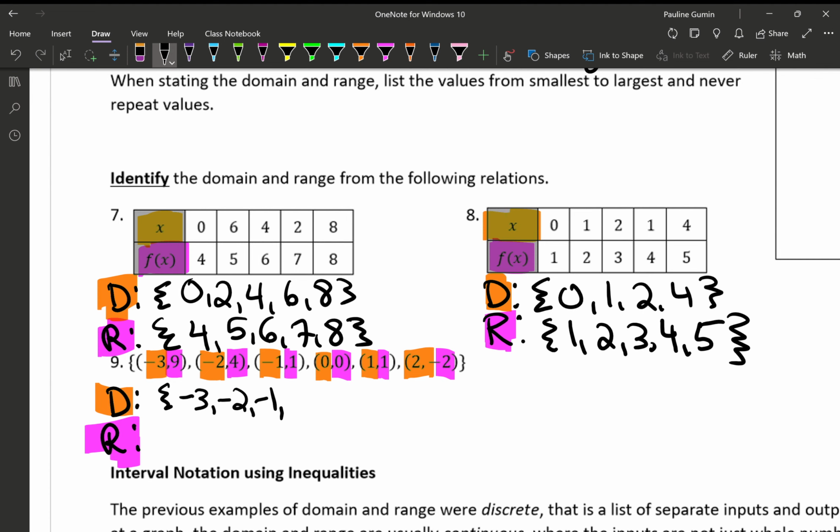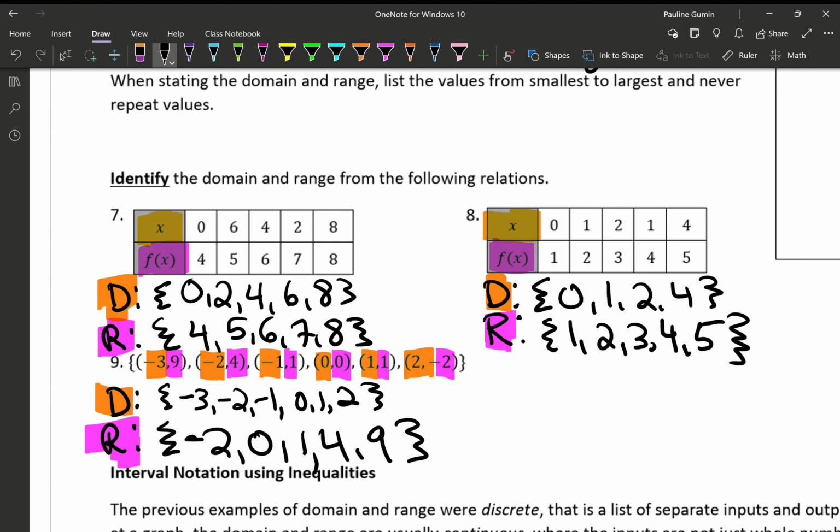So let's do that. Ooh, range, let's think about that. That starts with -2. There we go. Beautiful. Okay, there are the domain and range for these relations.